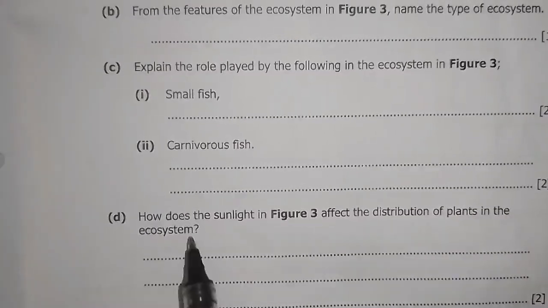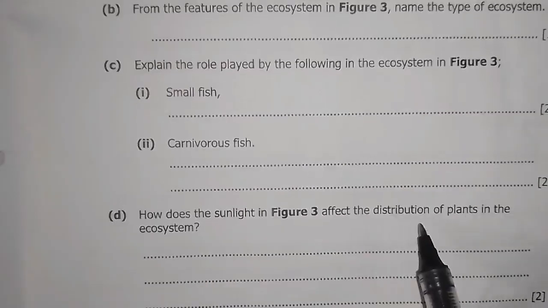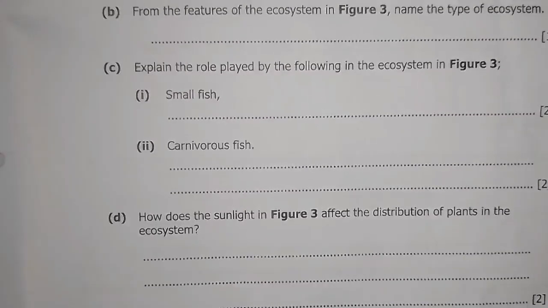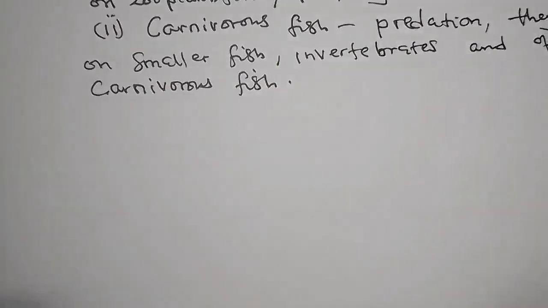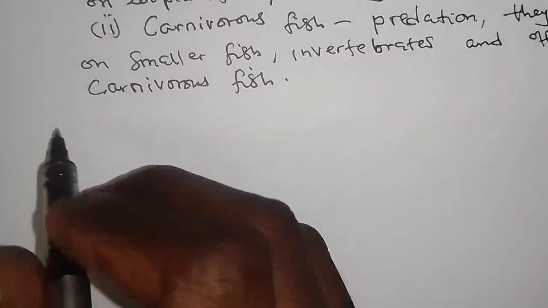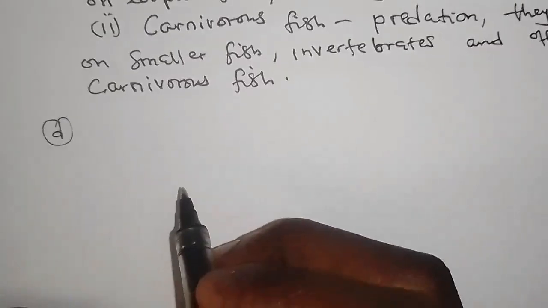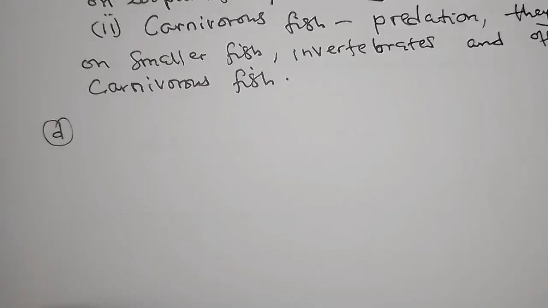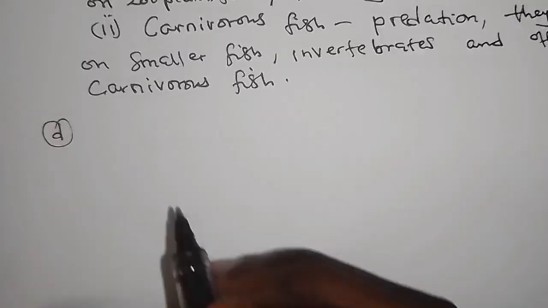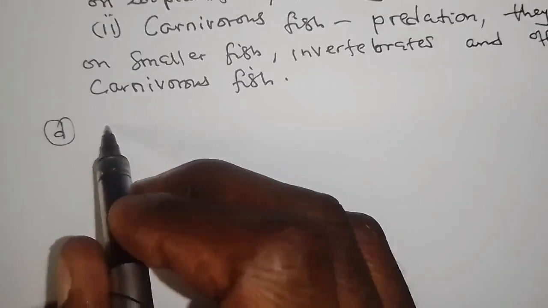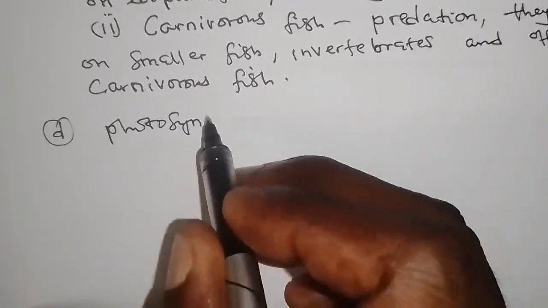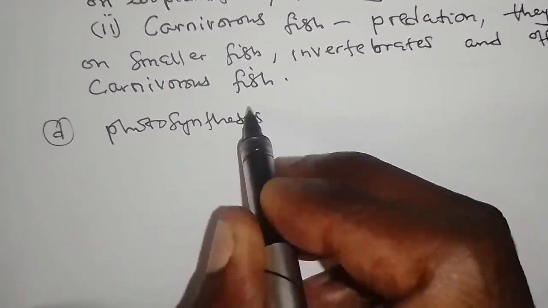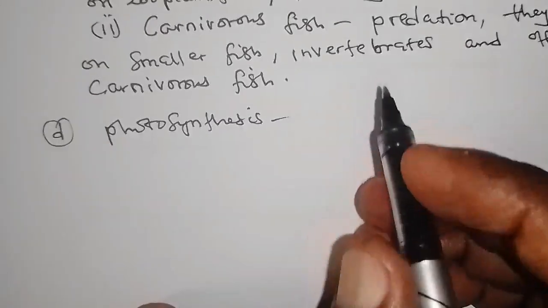Then this one says, how does the sunlight affect the distribution of plants in the ecosystem? So this is D. So how does sunlight affect the distribution of plants in the ecosystem? So when you look at photosynthesis, okay.